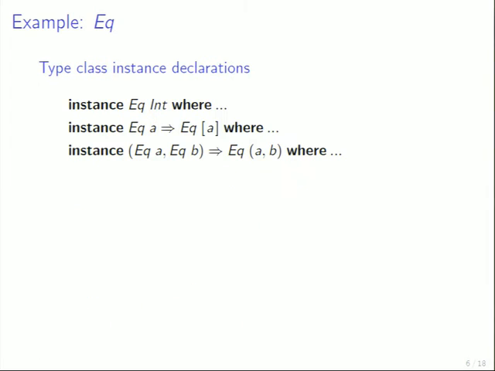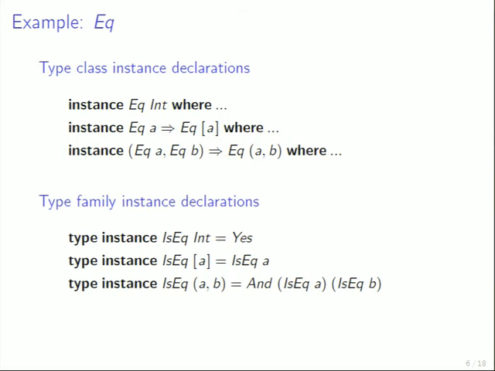So how do we actually define the instance declarations in this encoding? Here's a couple of examples that we usually have for atomic types, list types, and products. This is how you would write it down in this type family encoding. For int, we just say, yes, there's an instance.